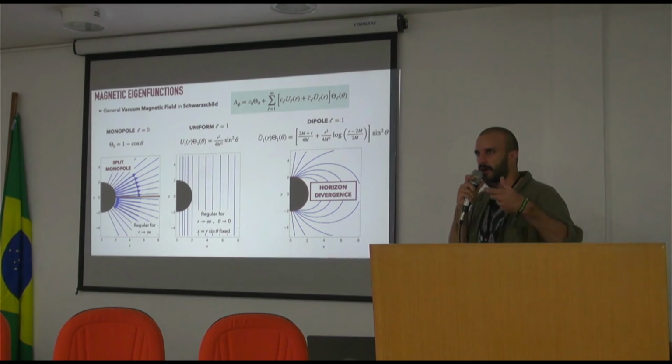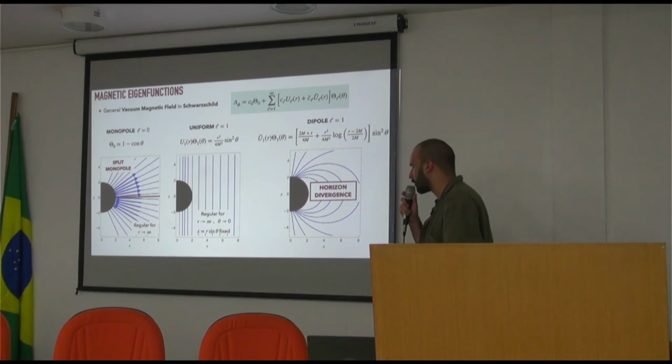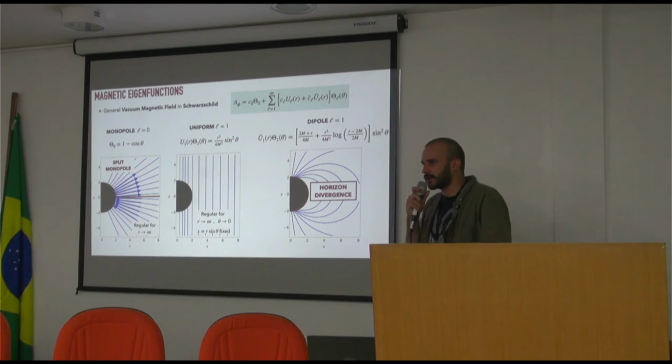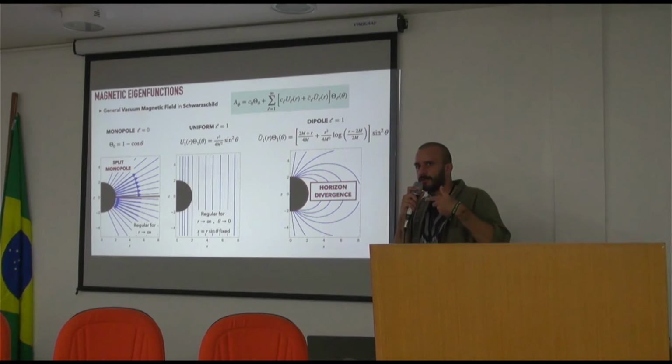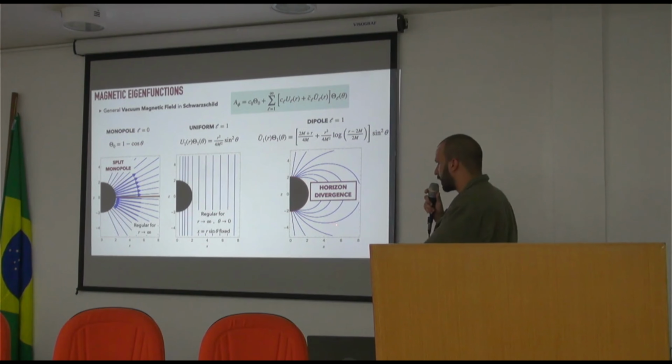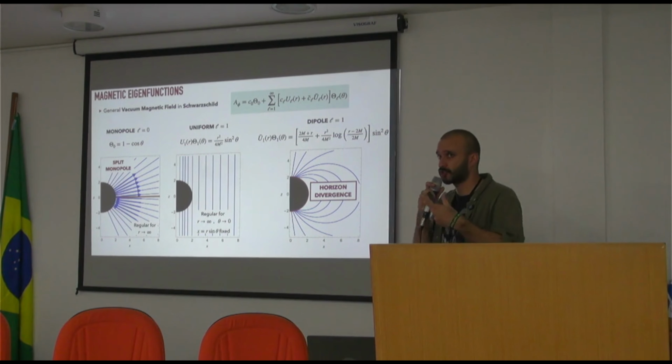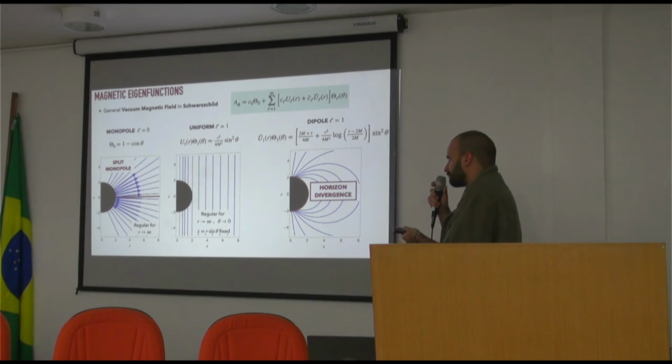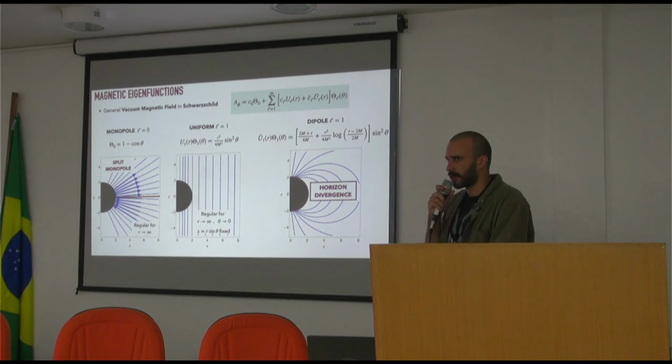Because this is what we are used to when we talk about the magnetic field. If you look at the magnetic fields of neutron stars, typically it has a very strong dipole component. And I mean, that's a great field, but the problem is that we have a horizon divergence.